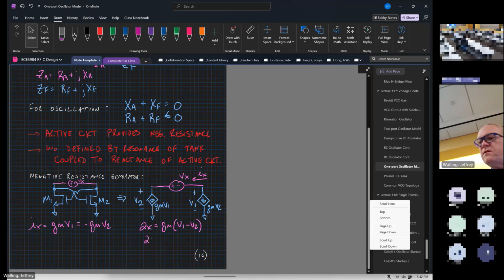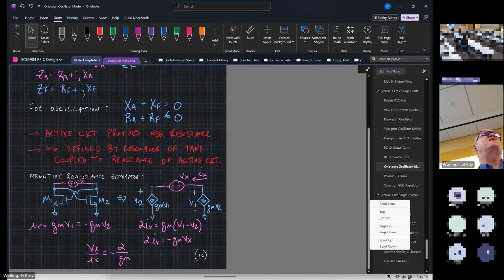So Ix is equal to minus Gm times Vx. In other words, Vx over Ix is equal to minus 2 over Gm. So there's our negative resistance. Vx over Ix is equal to minus 2 over Gm.